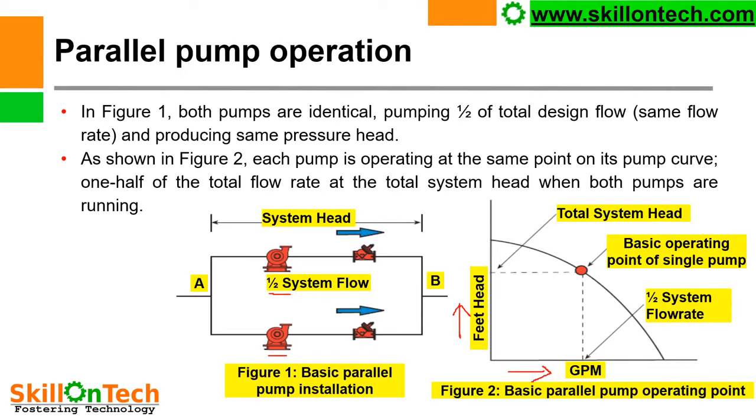You can see this is the HQ curve, and this is the system curve. Then this will be the basic operating point of a single pump. So we will get this flow for a single pump, and this will be the operating head, and this is the shut-off head at point number 1. This is the shut-off head.